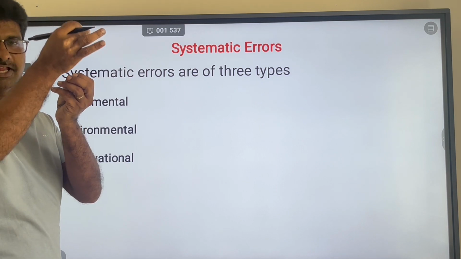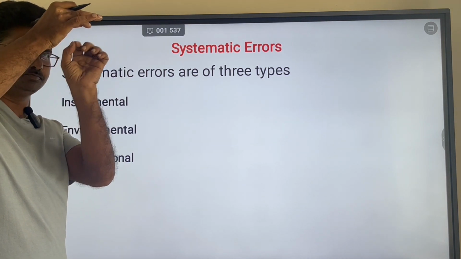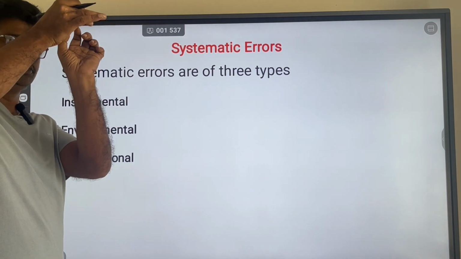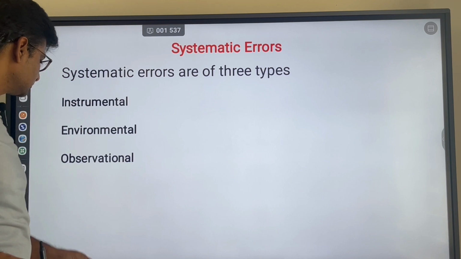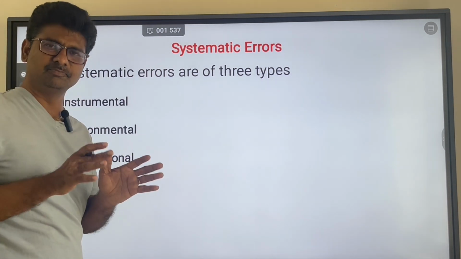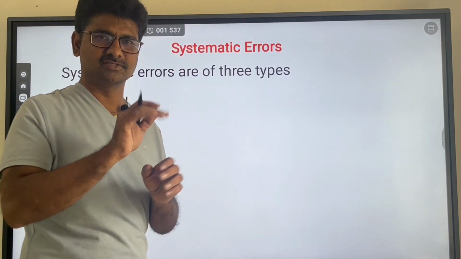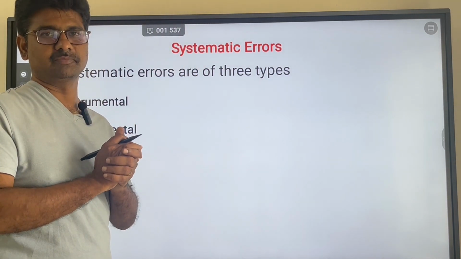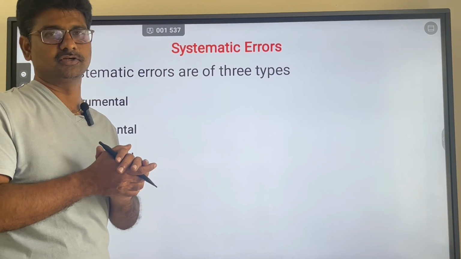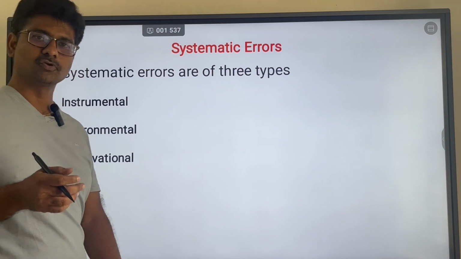Suppose you're keeping it at an angle, or you're not looking at the line perpendicularly, or you have some problem in viewing that line. You're just noting down the temperature in this case, simple. Now your observation is slightly away, or slightly gone wrong. If your observation goes slightly wrong, then obviously the reading is also wrong.